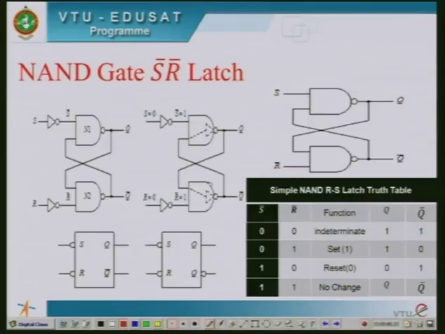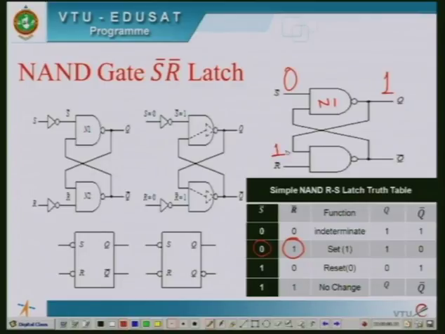Next condition, let us see. If S bar is 0, then what would be the output of N1? The N1 output will surely be high. This condition is S bar is 0, R bar is 1.